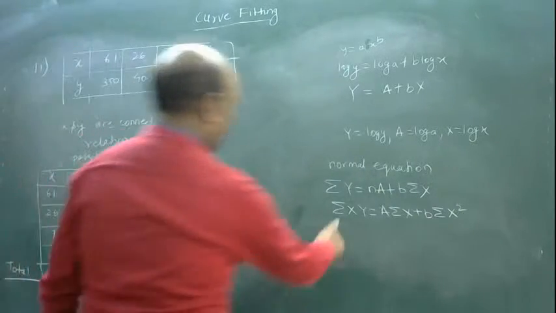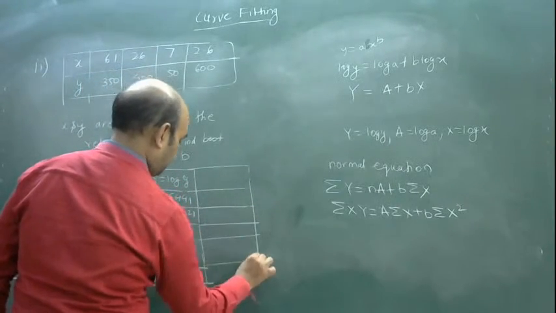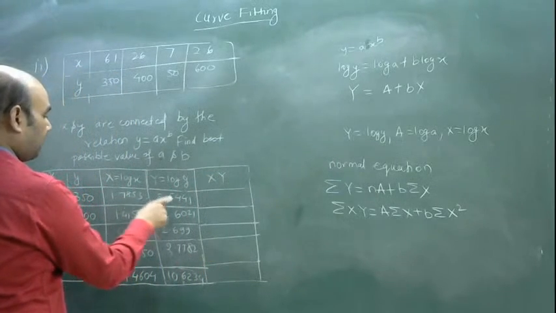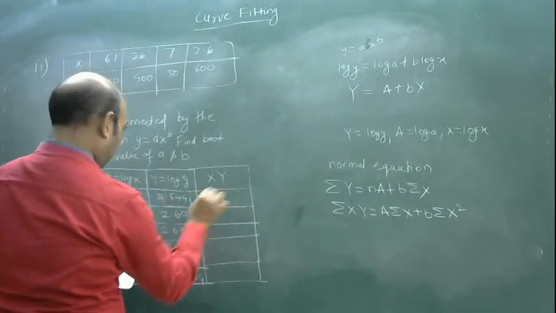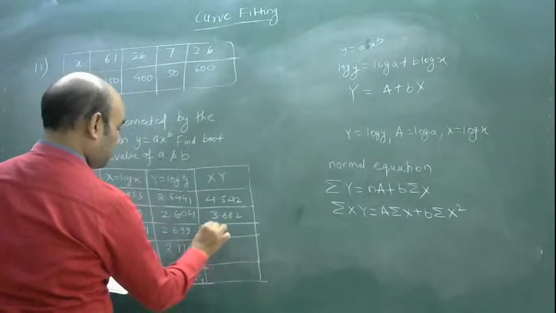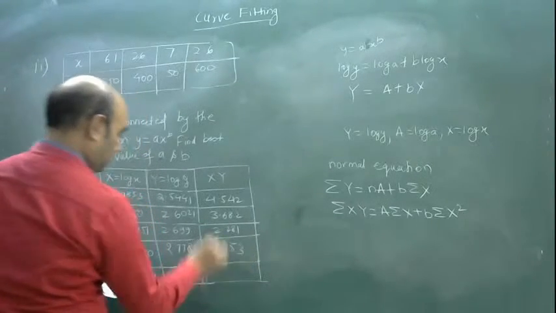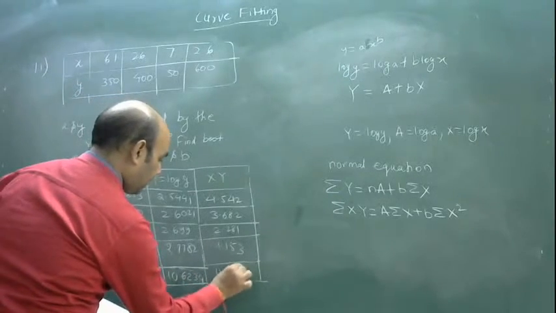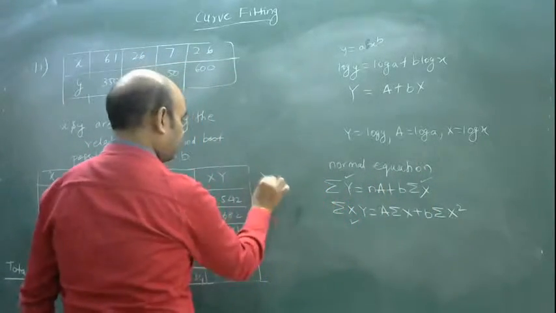Then you have to find XY, multiplying X into Y. So 1.785 into 2.54 and so on gives 4.542, 3.682, 2.281, and 1.153. Summation of this is 11.658.